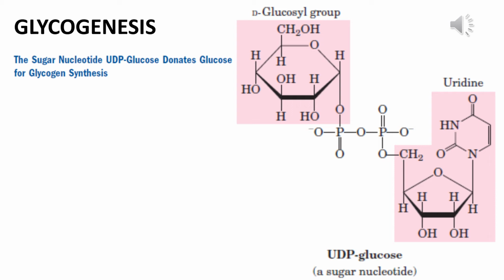Uracil bonded with a ribose sugar. Now it is uridine. The ribose sugar has 2 phosphate residues on carbon number 5, which means uridine diphosphate, UDP. On the second phosphate, a glucose is attached, UDP glucose. This UDP glucose is the high energy donor of the glucose residues during all stages of glycogen synthesis.